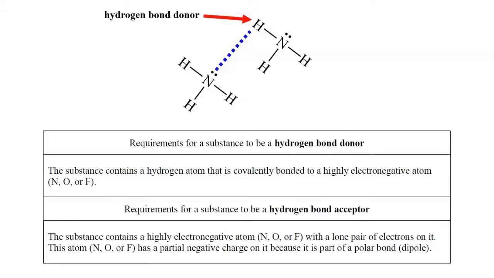The one molecule behaves as a hydrogen bond donor because hydrogen is directly bonded to nitrogen, and the other molecule behaves as a hydrogen bond acceptor because it contains nitrogen in a polar bond with a lone pair of electrons on it.